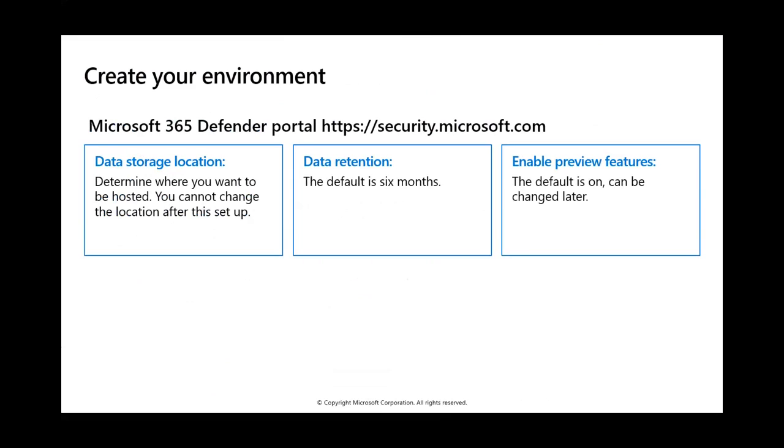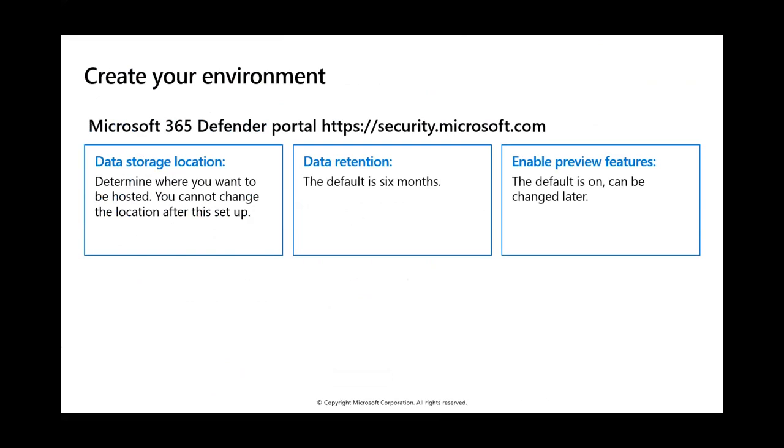To create our environment, we need to go to security.microsoft.com, take a look at the permissions, then the endpoints, and click on the endpoint. Then we go to the settings and click on the endpoint section, and we open the submenu for the endpoints.